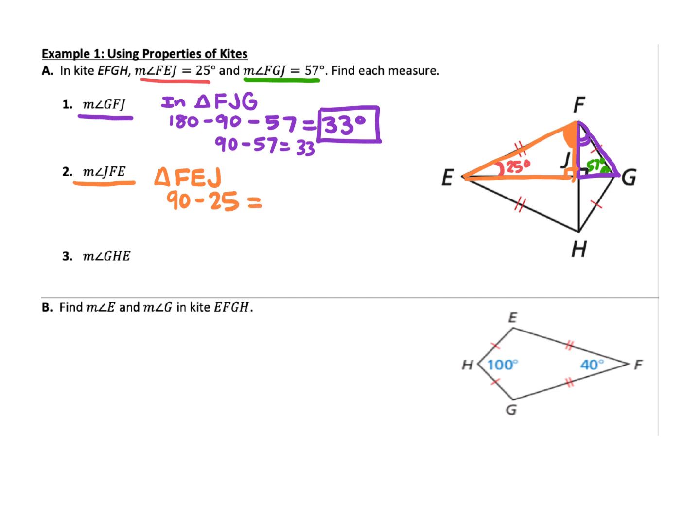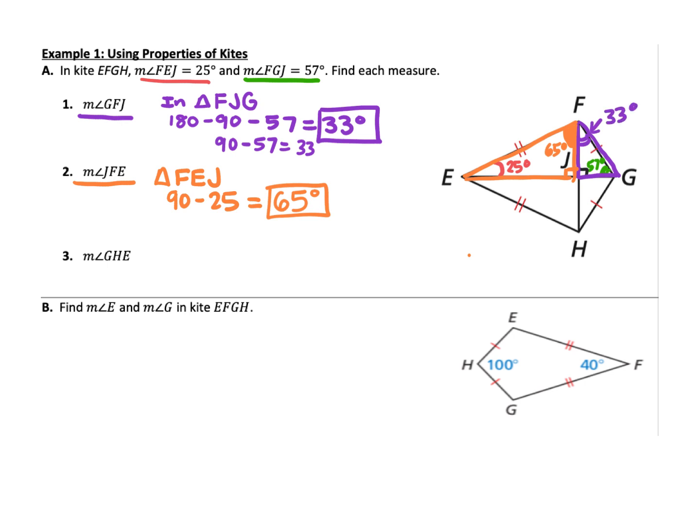And when we do that, we get 65. So the measure of angle JFE is 65 degrees. I'm going to fill that in on my picture. It's always helpful to fill in the numbers on the picture as you find them. So let me also add that little angle there we calculated was 33 degrees.